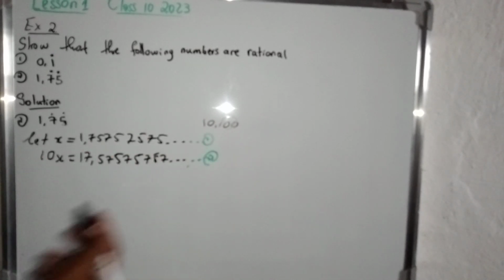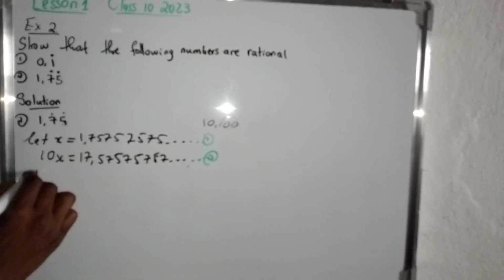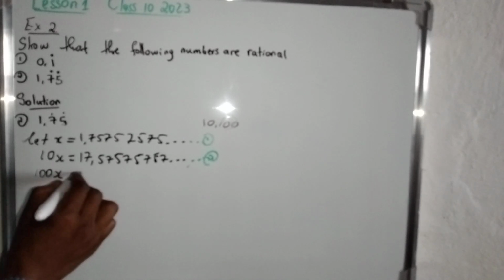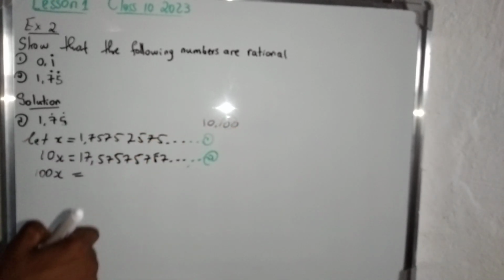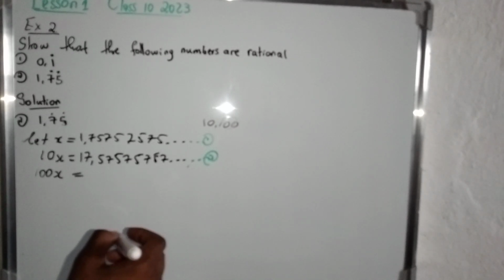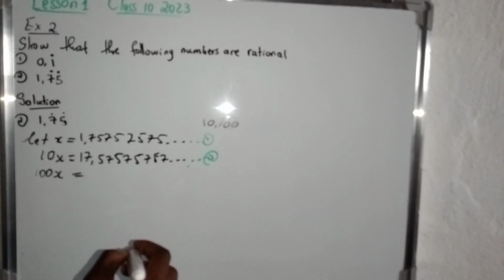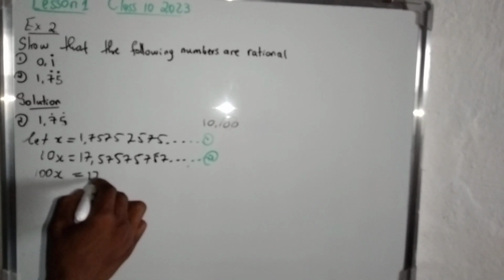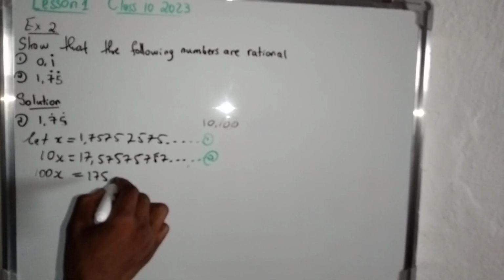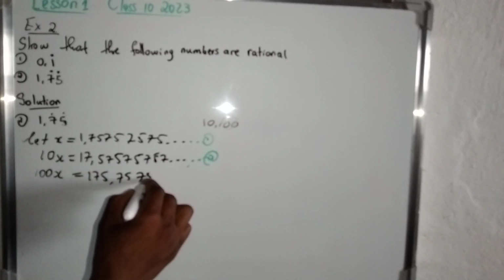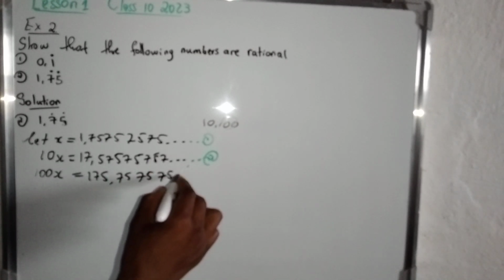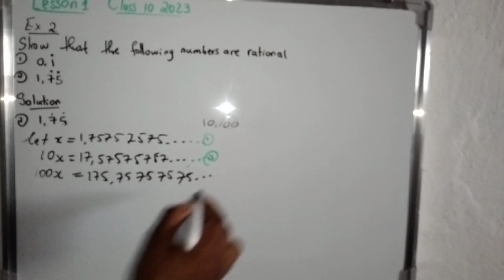So let's go together. 100 times x is 100x, and that is equal to 100 multiplied by this number, which is 175.75, 75, 75, 75.